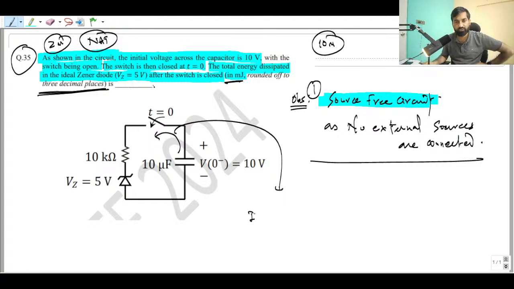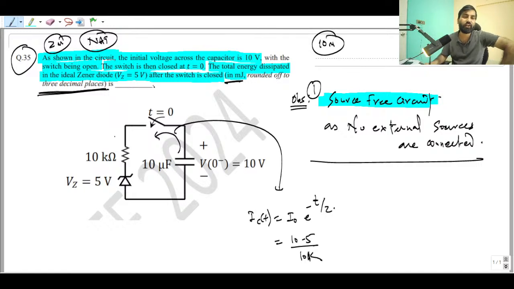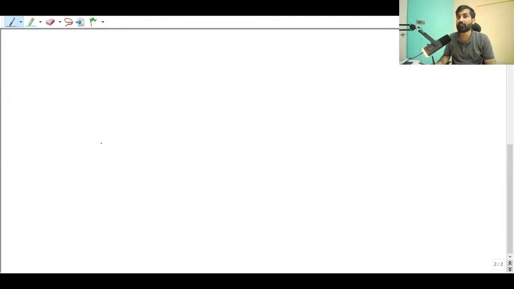So this capacitor current is going to be I naught e raised to power minus t by tau. I naught is going to be (10 minus 5) by 10 k, because the moment the switch is closed, your Zener diode is going to be on. The Zener diode will be in breakdown. How do we say the Zener diode is in breakdown? You should know this background related to the Zener diode also.